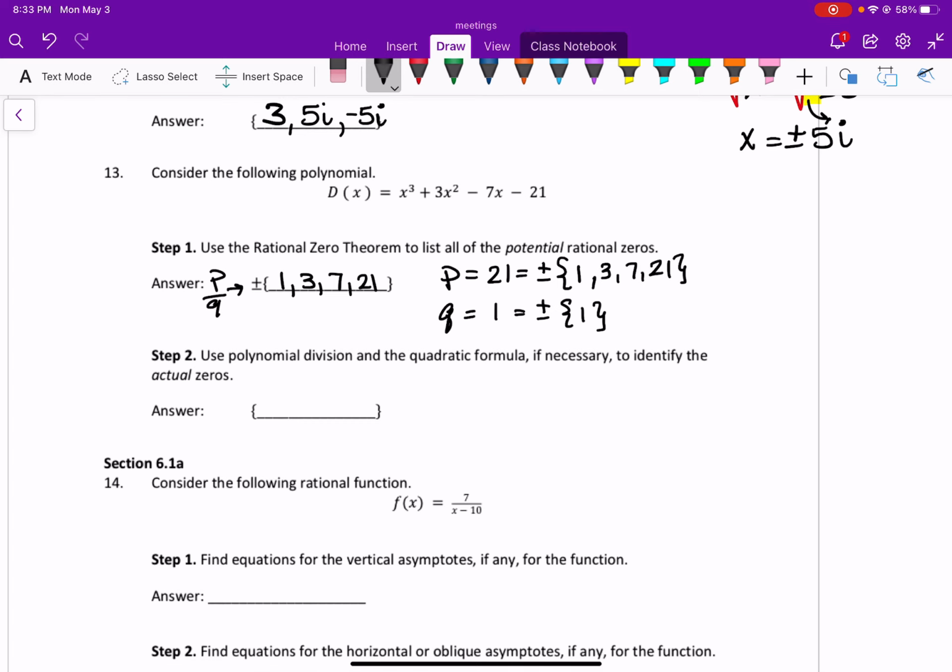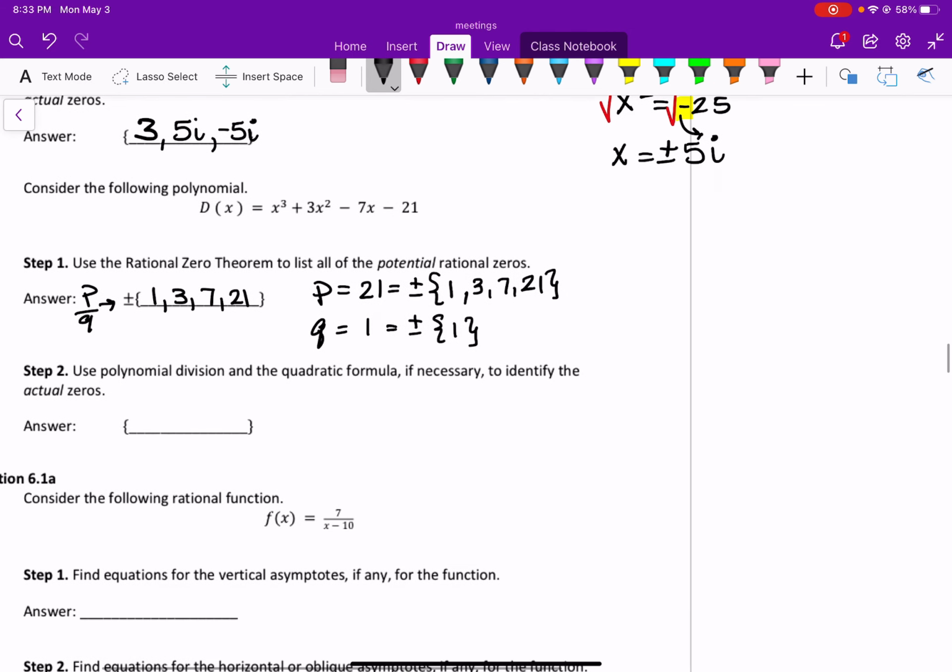Again, using our synthetic division to get something we can work with. So we're going to put our -3 here in the corner. Out to the side, or out beside it, our coefficients 1, 3, -7, -21. Put our line, drop our 1.